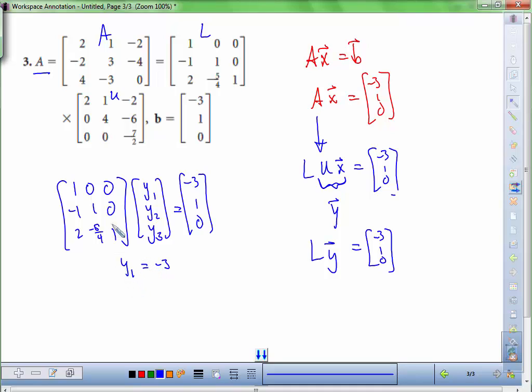And then we're going to get y2: negative y1 plus y2 is equal to 1. So if y1 was equal to negative 3, what's y2 going to equal?